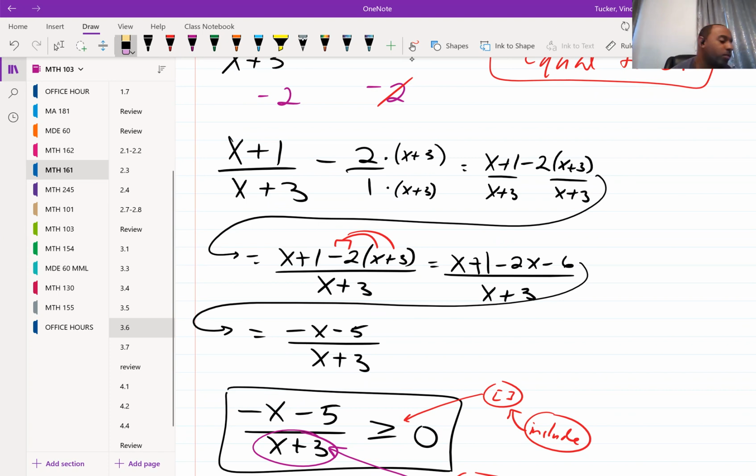So that's our new problem that we're trying to solve. Any questions before we move further?